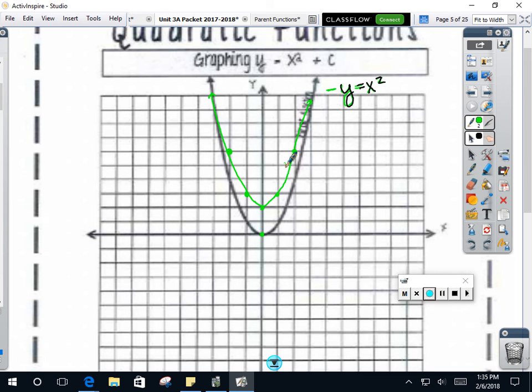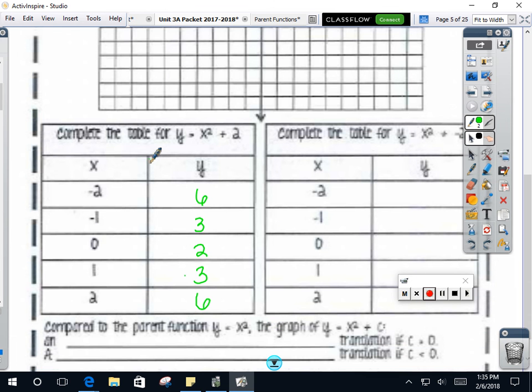But it did not. It may appear that way because of it being shifted up, but think about it. Had you, just say you added in a negative 3 to your chart and a positive 3 to your chart, what would negative 3 and positive 3 give you if you plugged it in? 11. It would give you an 11 for both.